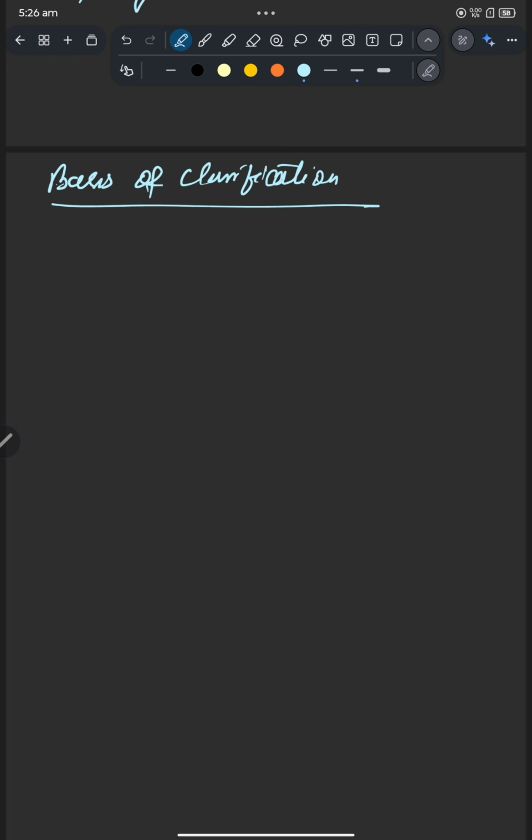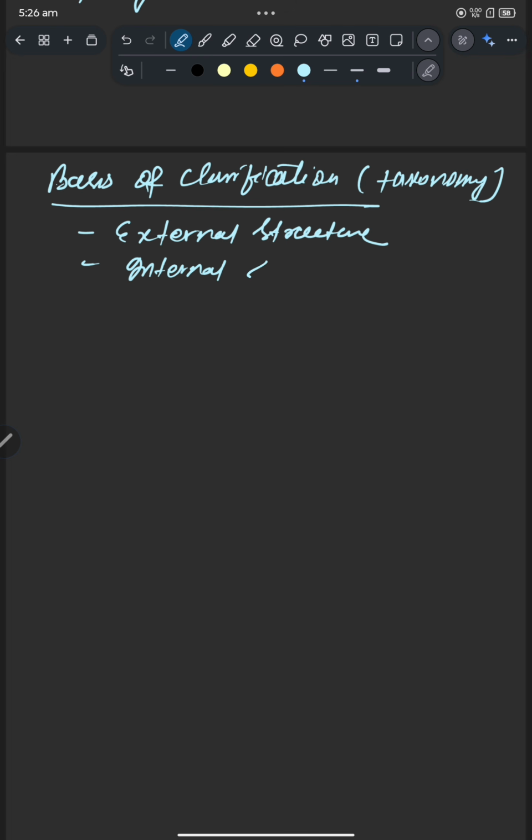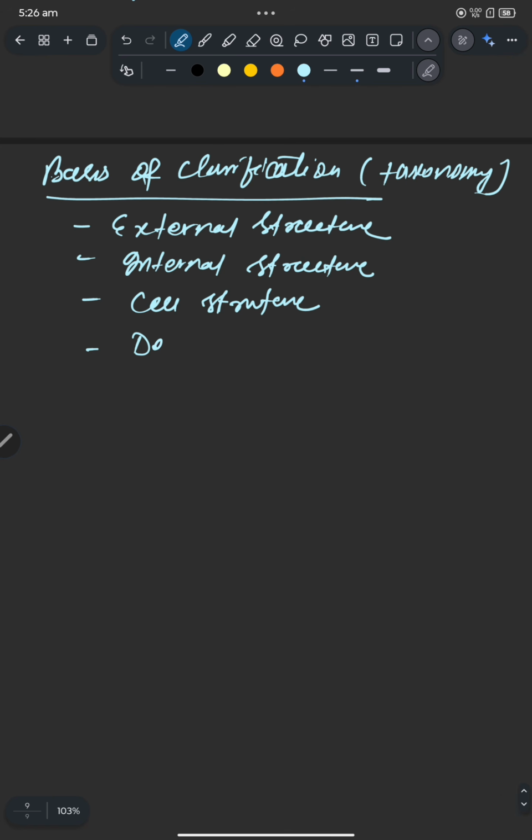The basis of classification, or you can say taxonomy, may be external structure, internal structure, cell structure, developmental process, then ecological information.